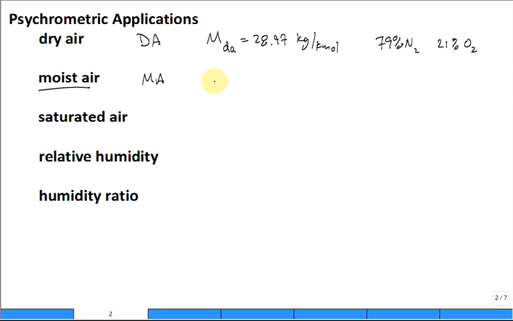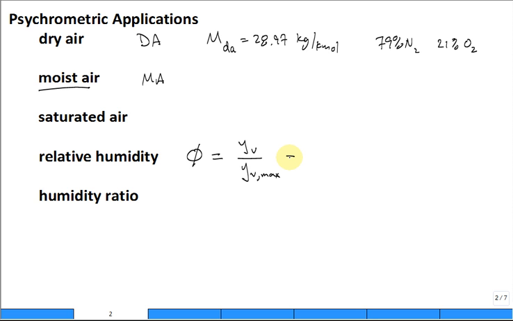And we talked about how to measure the amount of humidity in the air. We talked about the relative humidity, phi, right? That phi is the y of the vapor, the mole fraction of the vapor in its current state, divided by the maximum it could be at the same temperature and pressure, if it was saturated air. What would be the mole fraction of the vapor in saturated air at the same temperature and pressure?